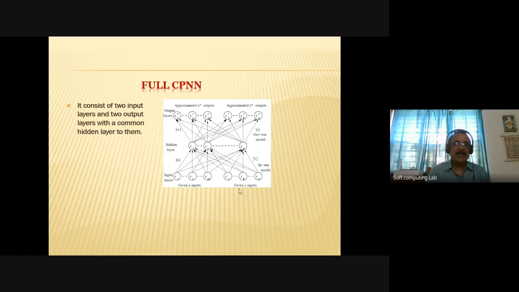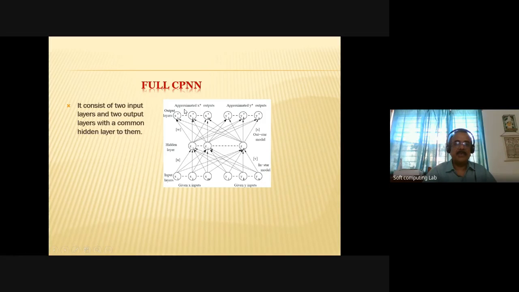Now remember, this full CPNN consists of two input layers. The first input layer is going to carry the information of the X inputs. The second input layer is going to carry the information of the Y inputs. Okay, and it has two output layers.